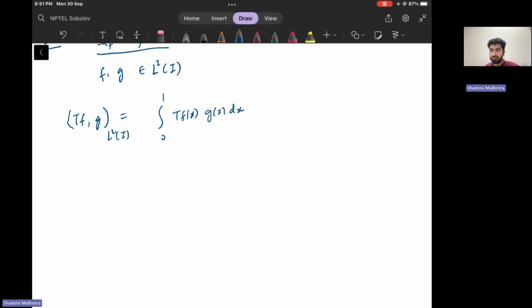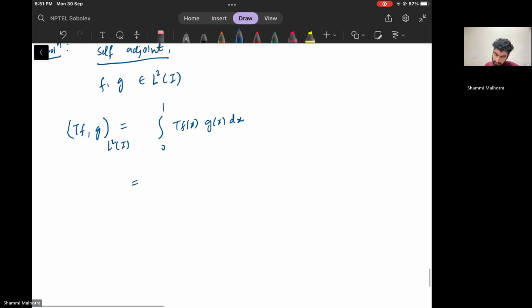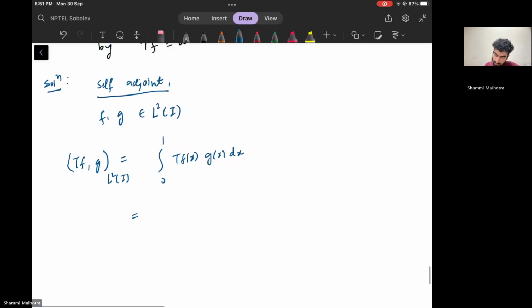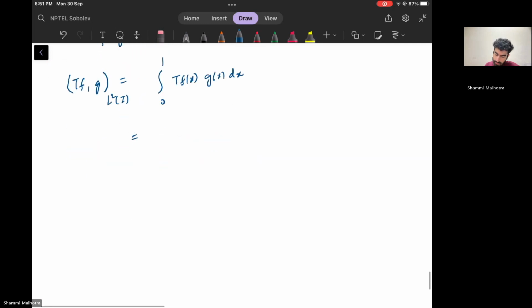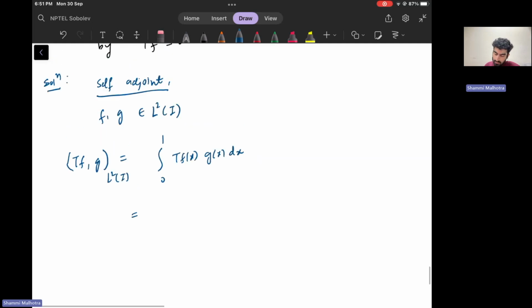And what is Tf(x)? Tf(x) is the solution of this system, that is, minus u double dash plus u. So since g belongs to L2, we have this system associated with f and g as well.